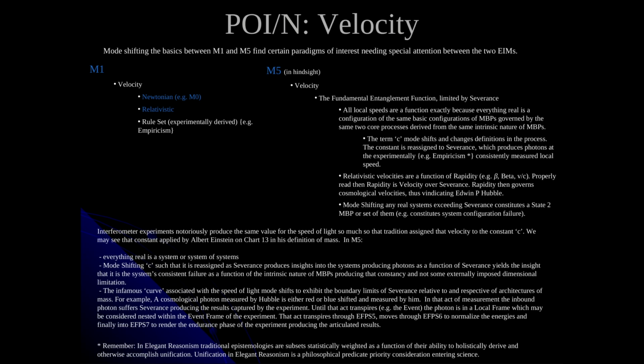And the reason it can't exceed severance is because severance is the failure mode of the architecture. The architecture comes apart. And that's a statement of interaction with other architectures, as different than it is for a cosmological velocity. And that's why Edwin Hubble and his data set has measured what he measured with red shifts and blue shifts.